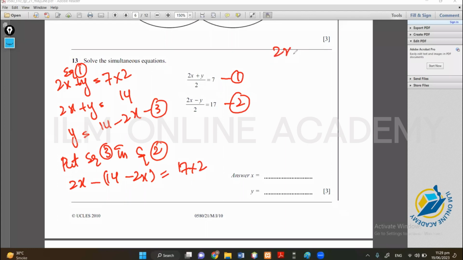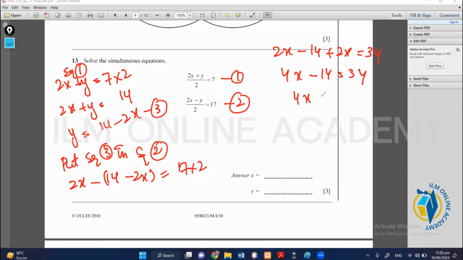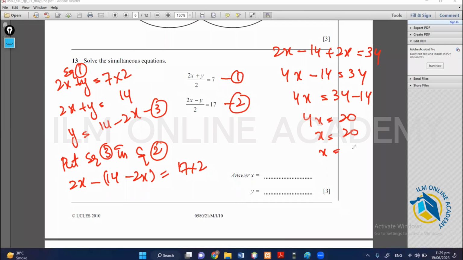So 2x minus 14 plus 2x, and then 4x minus 14. 17 multiplied by 2 is 34. So 4x equals 34 minus 14, and 34 minus 14 is 20, and x equals 20 over 4. So answer is x equals 5.